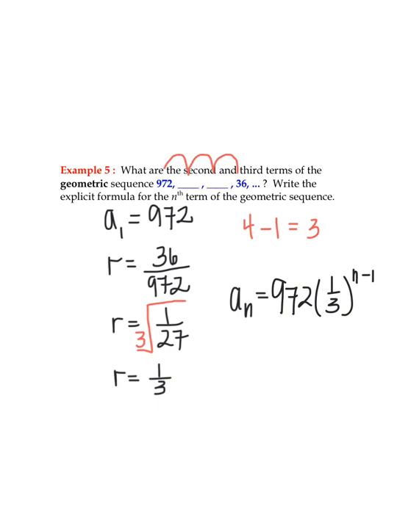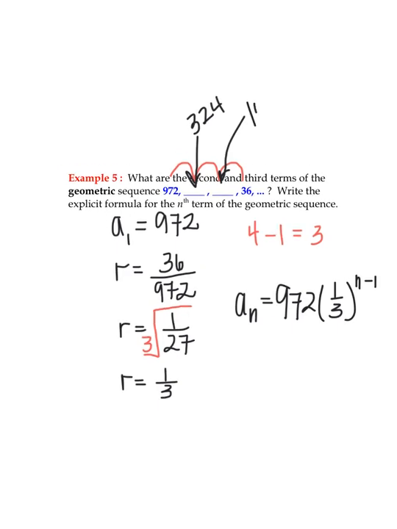My second term is 324, and then multiply it again by 1/3 and my third term is 108.